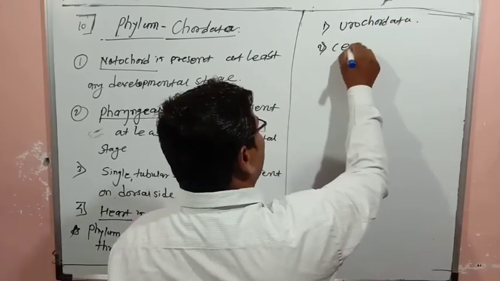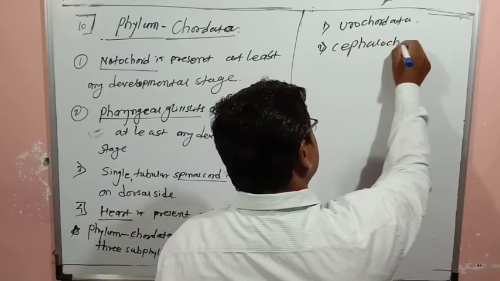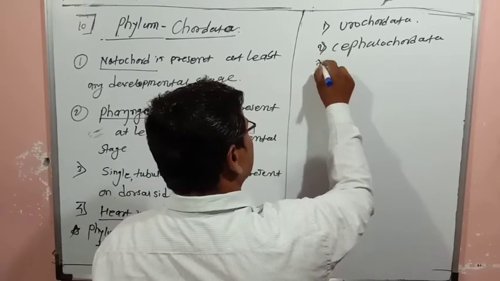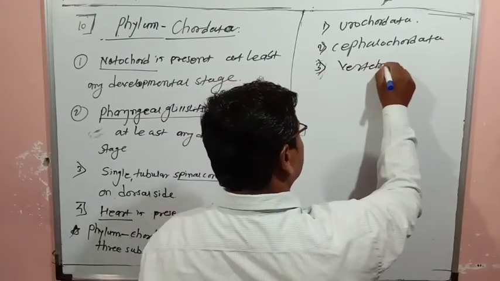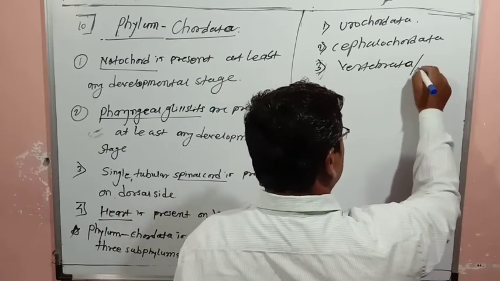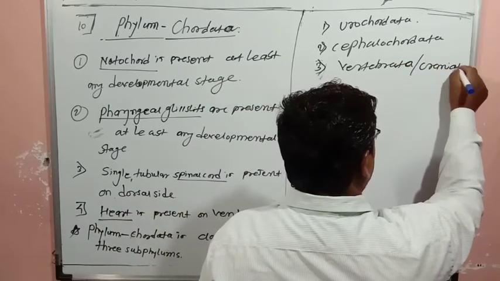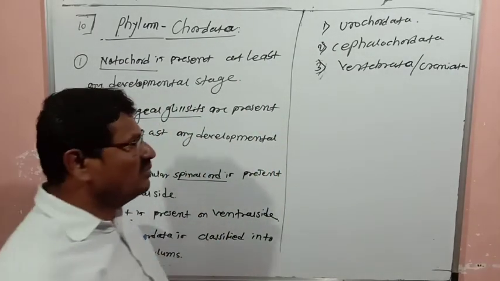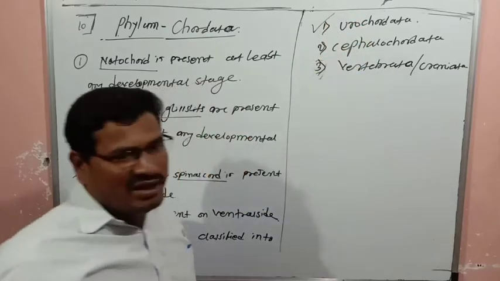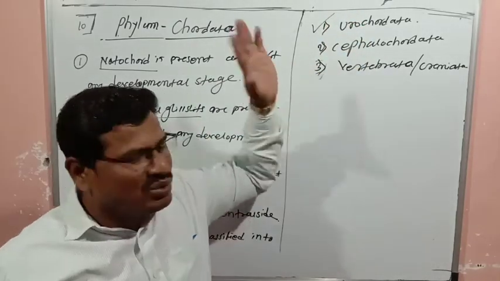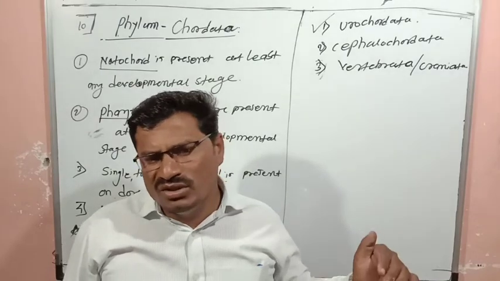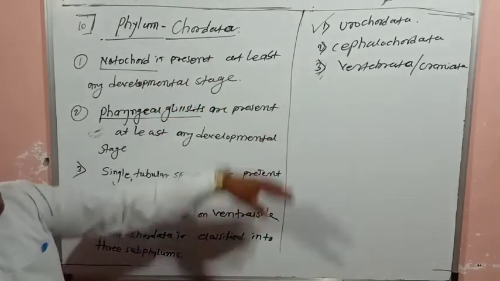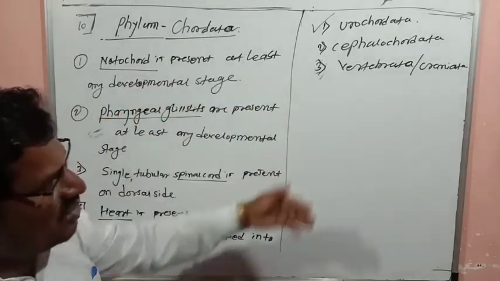Second one is the Cephalochordata. Third one is the Vertebrata, or you can say Craniata. Out of these, the first subphylum we study is the Urochordata. So you will see Urochordata, then Cephalochordata, and then Vertebrata.